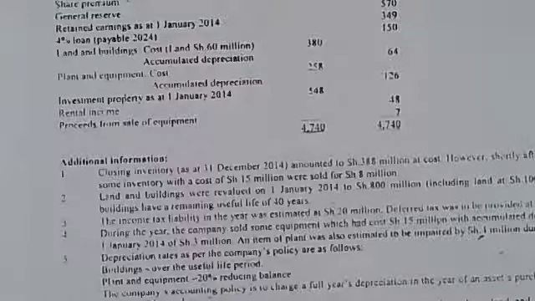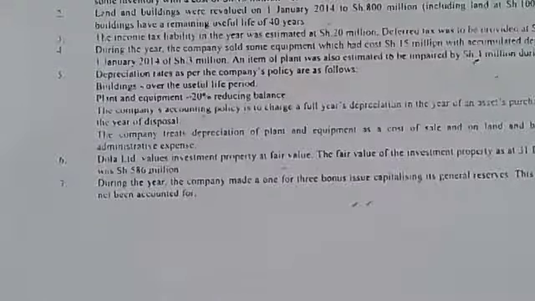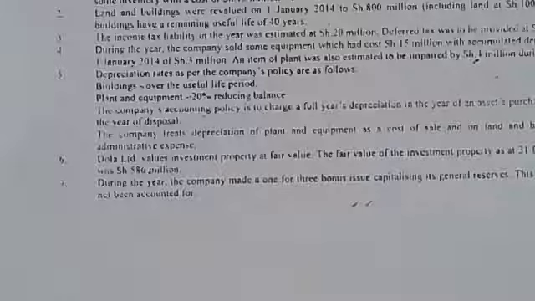Then number 5, depreciation rates as per the company policies are as follows. We have the building, that's over the useful life period. Then we have plant and equipment, 20% on reducing balance. The company's accounting policy is to charge a full year of depreciation in the year of asset purchase and none in the year of disposal.